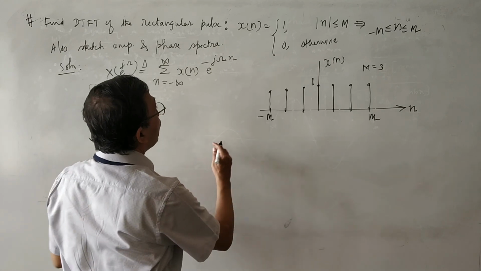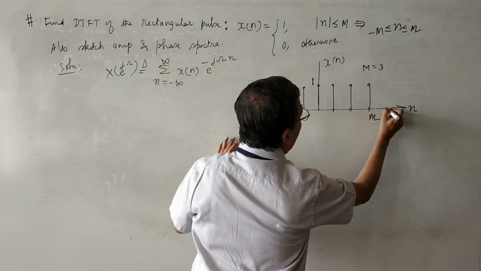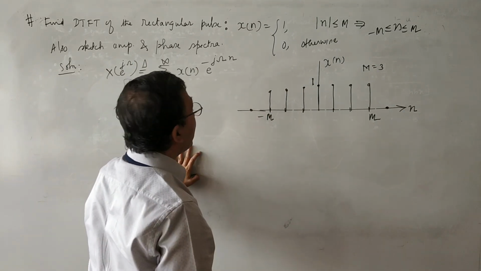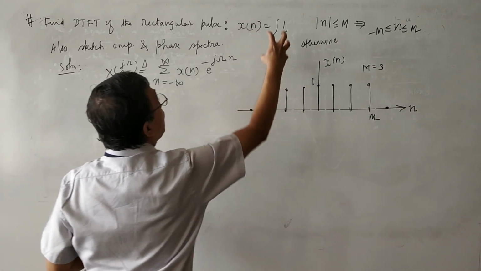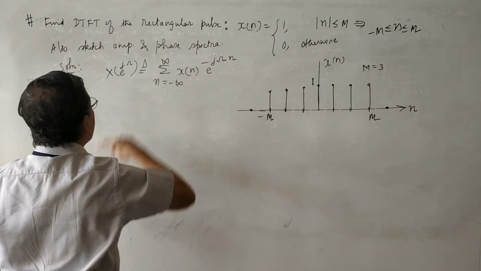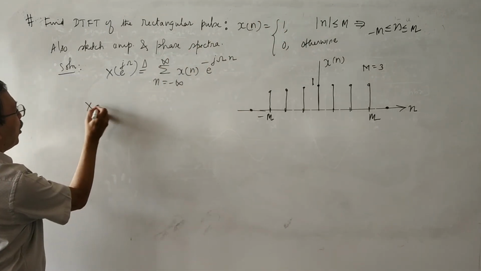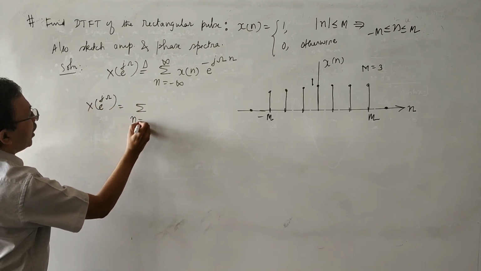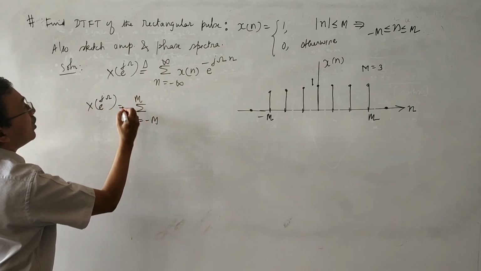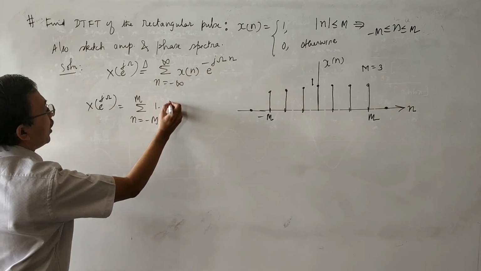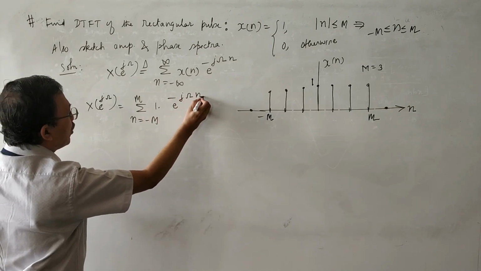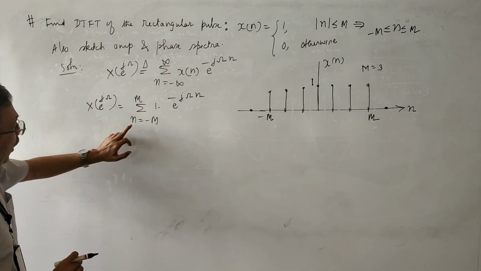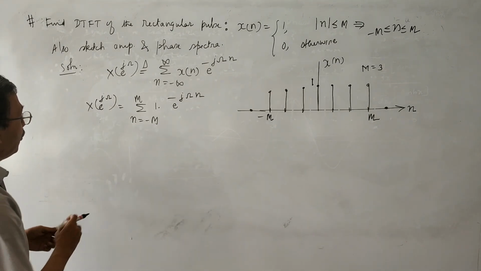Now this function is 0 for other values of n. Now I will substitute this value of x of n over here. That gives me X of e power j omega equals summation n equals minus M to plus M, x of n value is 1, into e to the power minus j omega n. Our next objective should be to make the lower limit of summation equal to 0.